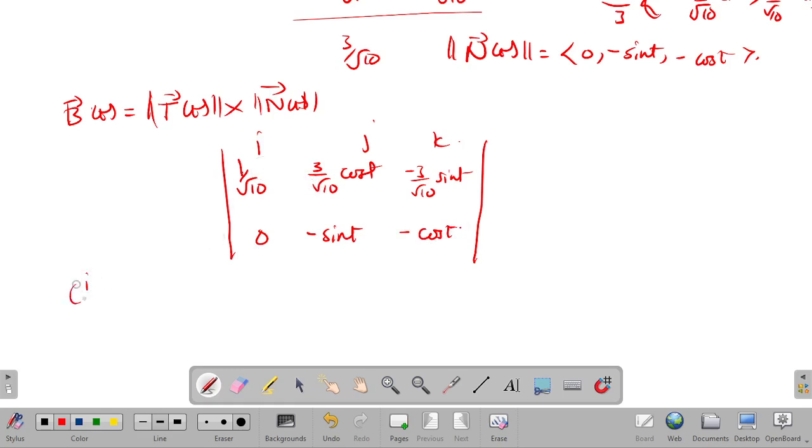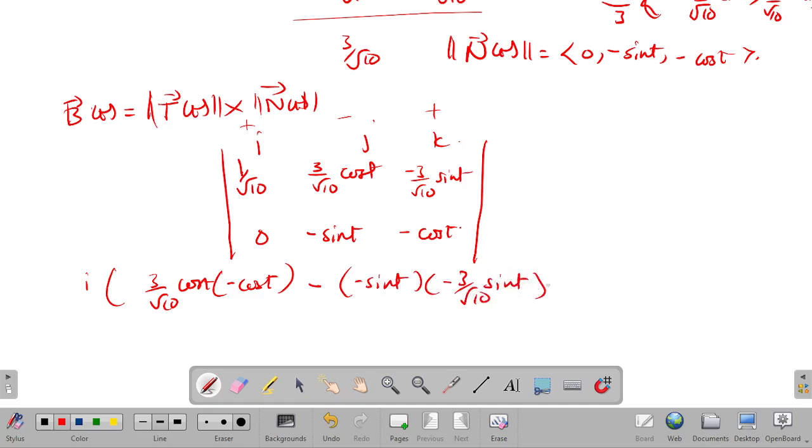I introduce my i. Remember, the signs are plus, minus, plus when you're doing matrices. I nullify this row and column and have my 2 by 2: 3 over root 10 cosine t times negative cosine t, because it's a cross, minus negative sine t multiplying negative 3 over root 10 sine t. That is for the i part.